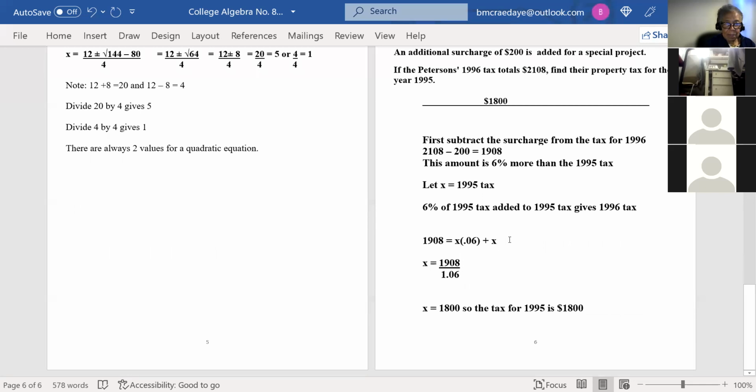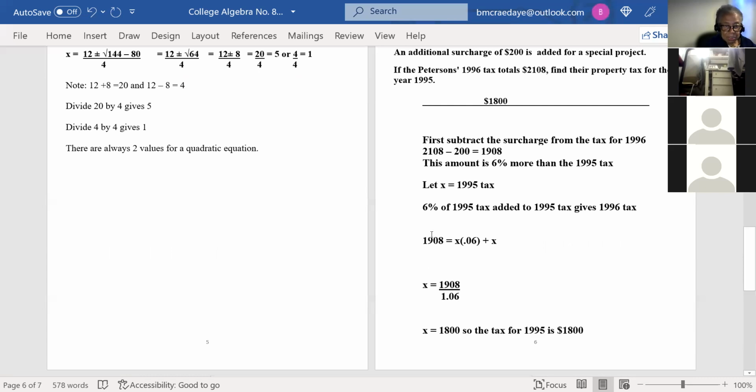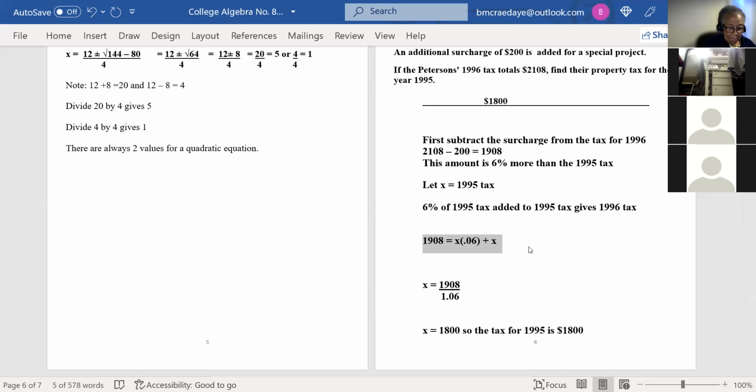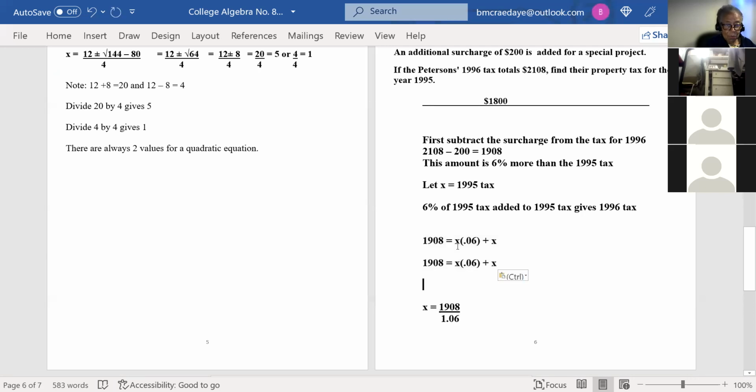Let me just add that. 1908, when we add the X, 0.06X plus X, that's where we get the 1.06. All right. So add the 1x plus the 0.06x.